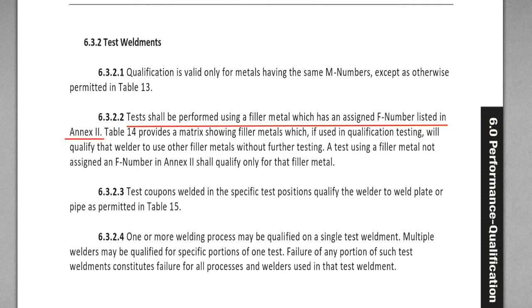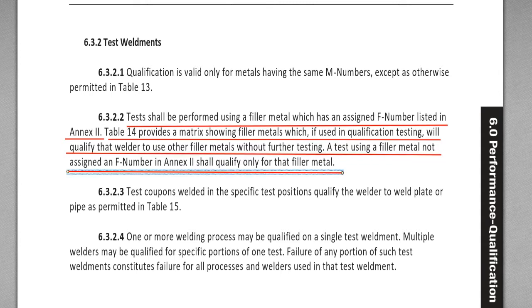Table 14 provides a matrix showing filler metals which, if used in qualification testing, will qualify the welder to use other filler metals without further testing. A test using a filler metal that is assigned an F number in Annex 2 shall qualify only for that filler metal. So Annex 2 and Table 14. Changing F number requires requalification.